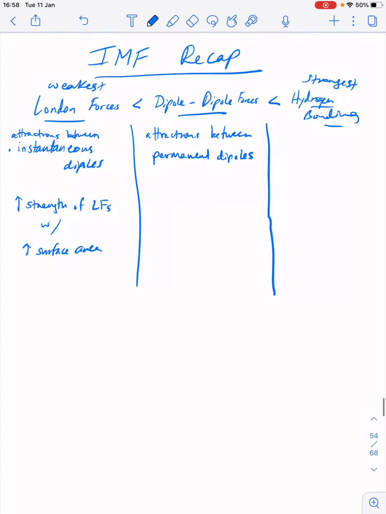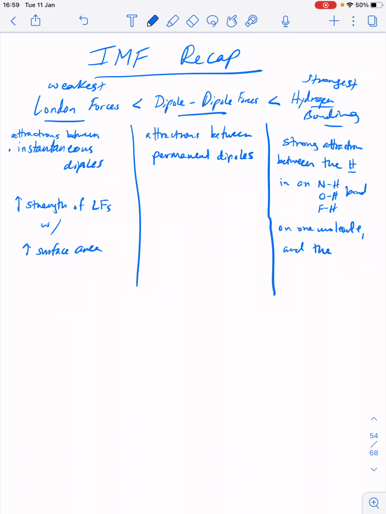So it's a strong attraction between the hydrogen in an H-N-O-F bond, as we've said, on one molecule, and the lone pair on a neighboring N, O, or F atom, so like on the neighboring molecule.